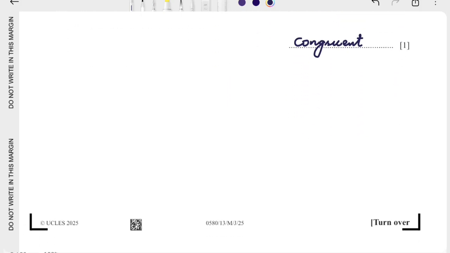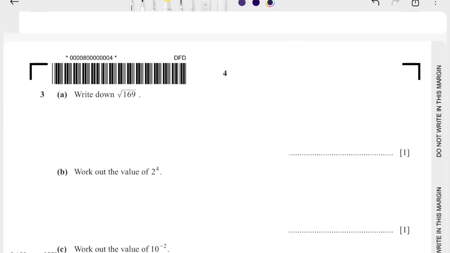Next part, write down the square root of 169. So it would be 13 times 13. So 13 squared is under the root. The square root will cancel the square and 13 would be the answer.